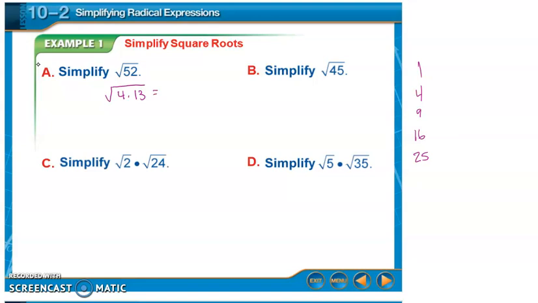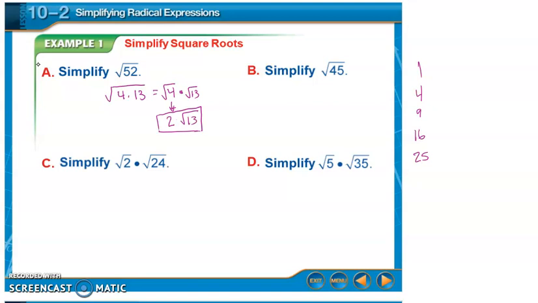Well, the square root of 4 and the square root of 13 can get their own house. The square root of 4 is 2. Square root of 13 doesn't have a perfect square factor, so this is 2 times the square root of 13. Notice I said 2 times the square root of 13, but there's not a dot right there. You can put a dot there or not, but when it's multiplied up here, it's still multiplied below.